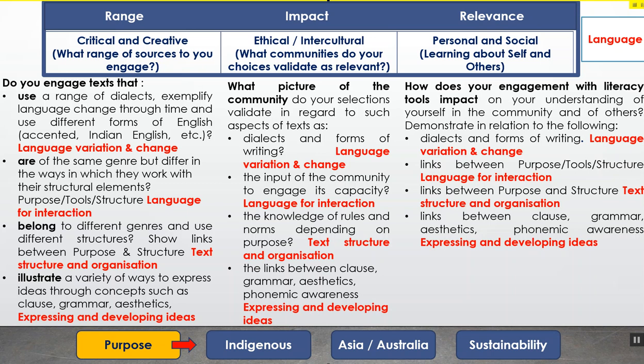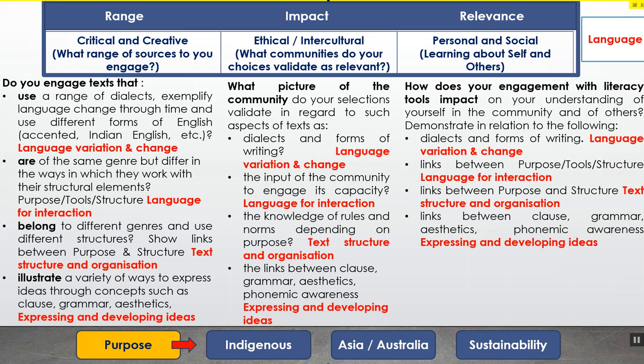So if we were to describe the purpose of reading with my child a recipe in order for my child to learn how to cook from recipes, let's describe it now. How does your engagement with literacy tools impact, in terms of language, because we have language, literature and literacy, right? It's probably best to start with literature, but I'm just here having language, so let's look at it.